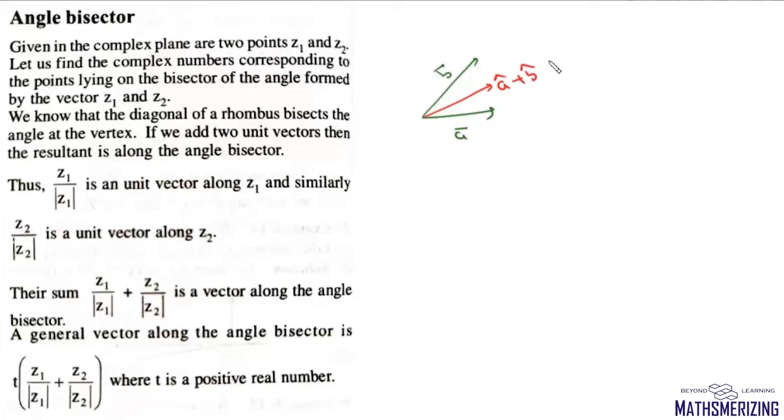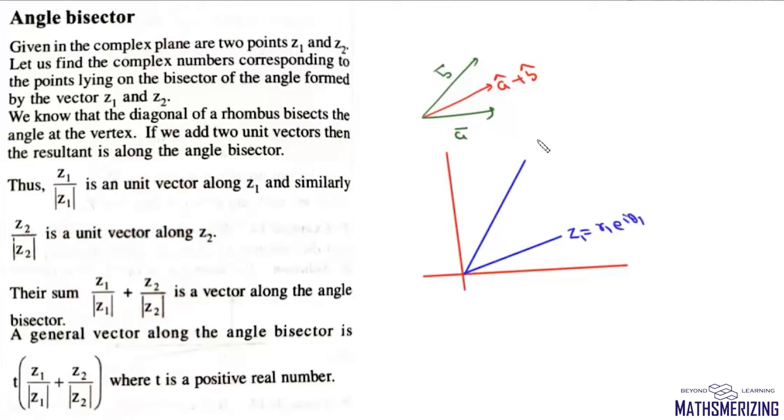Suppose we have two complex numbers Z1 and Z2. Now Z1 is, suppose, R1 e to the power iota theta 1 and Z2 is, suppose, R2 e to the power iota theta 2. Now this angle is theta 1 and this angle is theta 2.